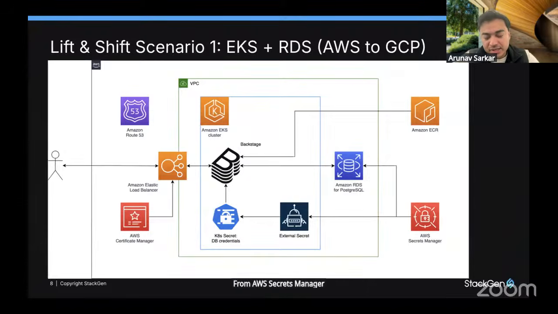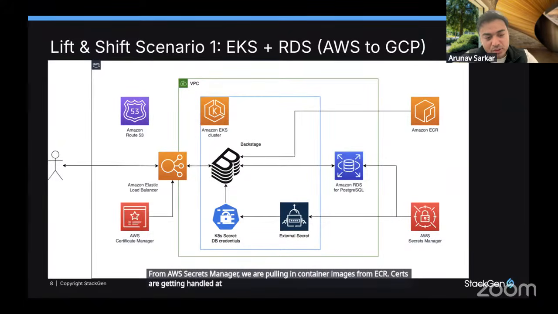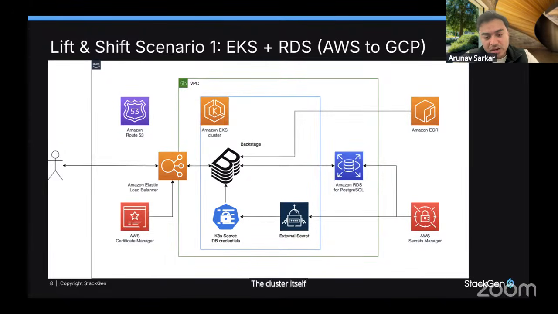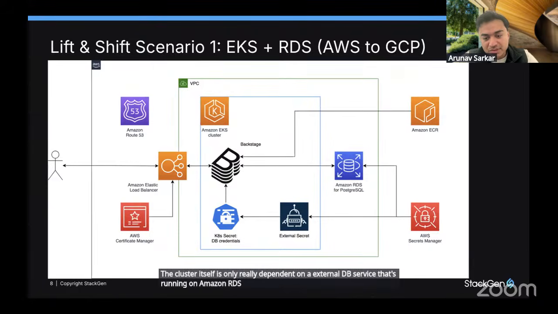We are pulling in container images from ECR. Certs are getting handled at the load balancer level, and we have Amazon Route 53 setting up our DNS and routing tables for us. Okay, the cluster itself is only really dependent on an external DB service that's running on Amazon RDS, where we have PostgreSQL.